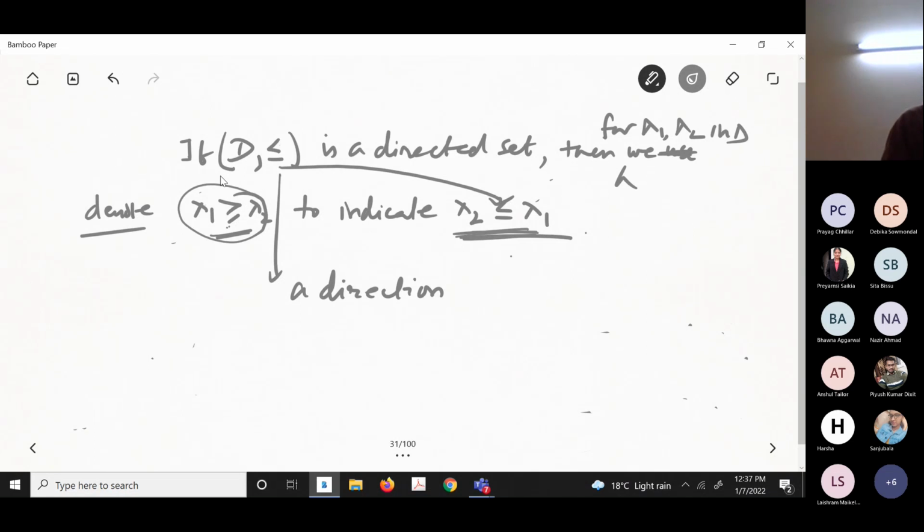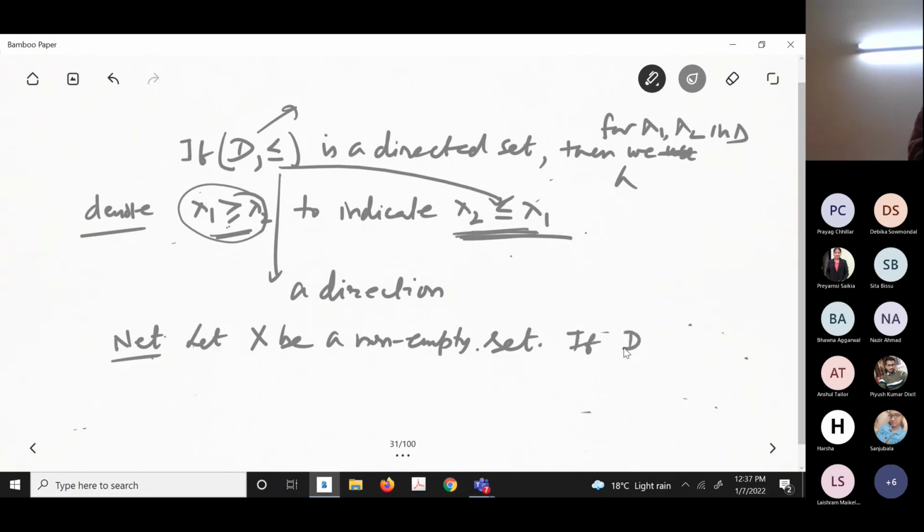Okay. Now, what is a net? For a net, the domain should be a directed set. So suppose now we define a net. Let X be a non-empty set. I don't need any topology now, like for a sequence. Look, a sequence is a function on the set of naturals.